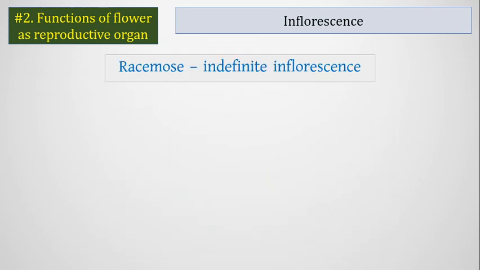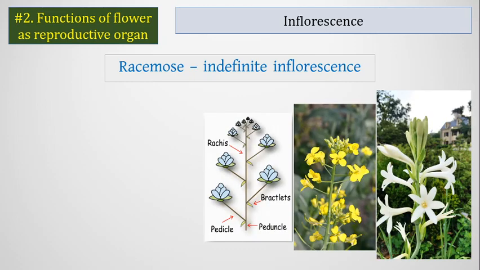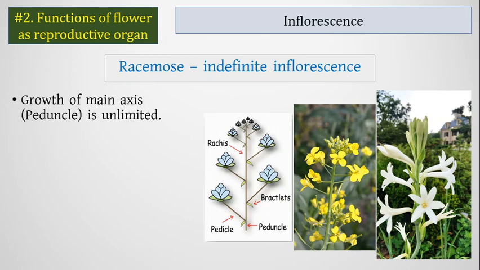At first, the racemose inflorescence, that is called indefinite. At first we see the examples. Mustard and tuberose, these two flowers are examples of racemose. And why is that called indefinite? Because the growth of the main axis, that is the peduncle, meaning the flower stalk, is unlimited.